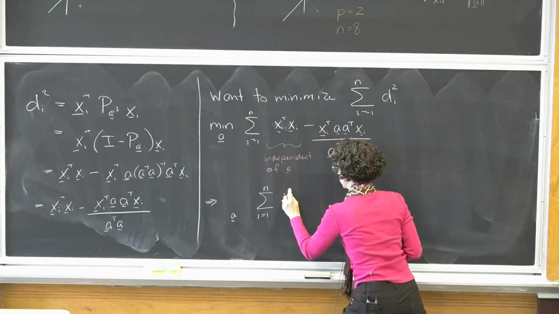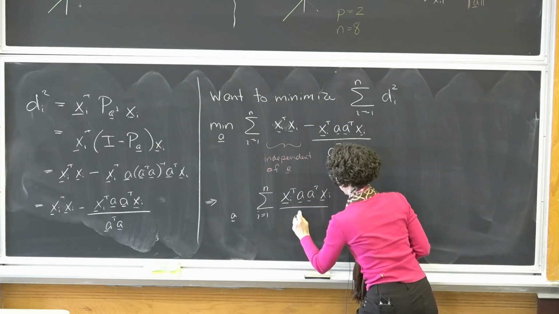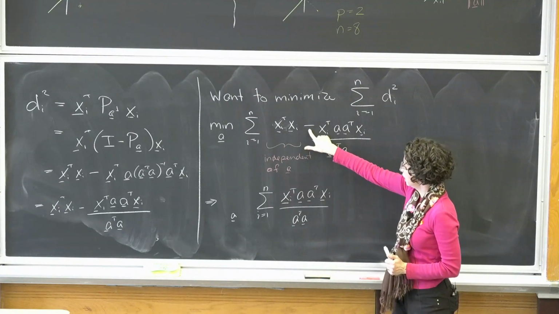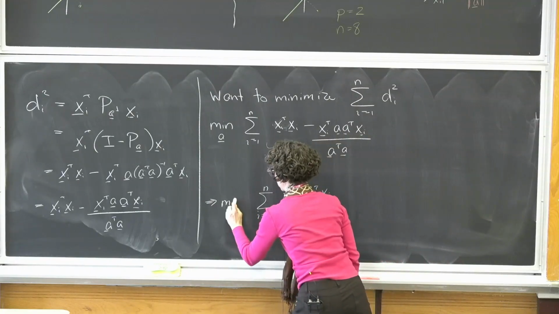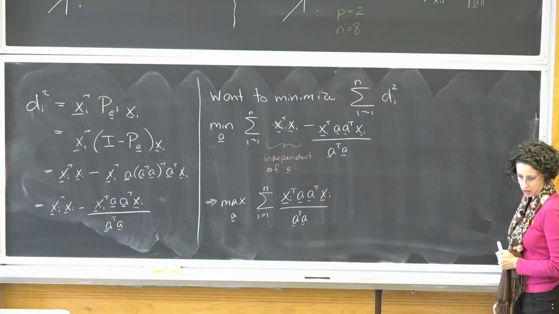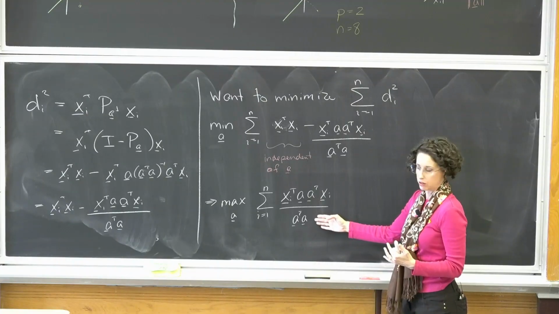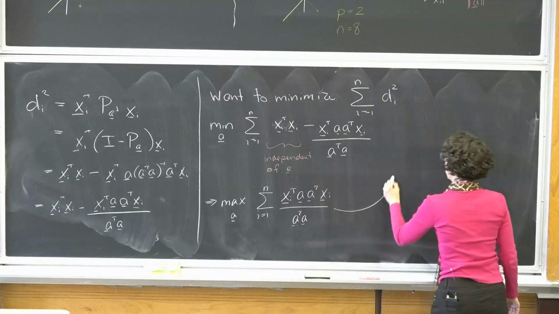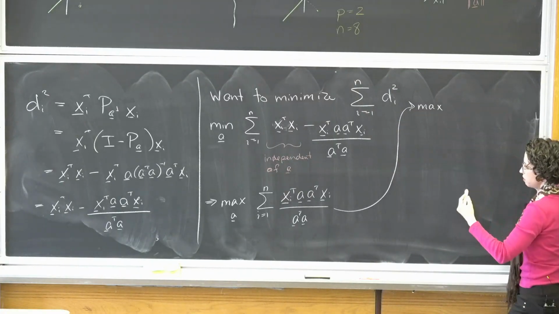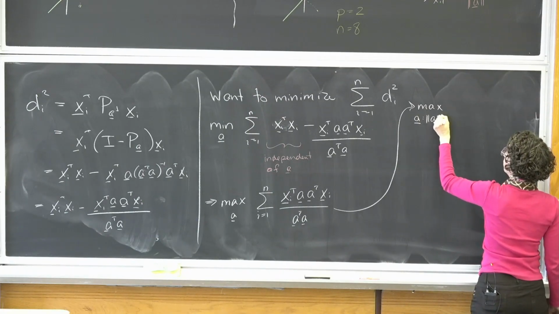We've got xi transpose A transpose xi, divided by A transpose A. And here we were minimizing the sum of the negatives, but equivalently we can just maximize this. And then, instead of carrying around this denominator, which is a bit of a pain, we are going to maximize, and we are only going to consider vectors A which have unit norm.